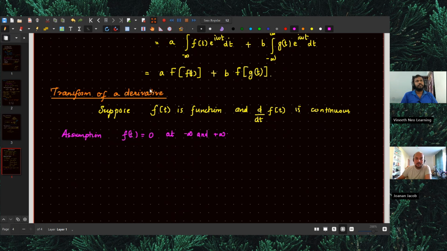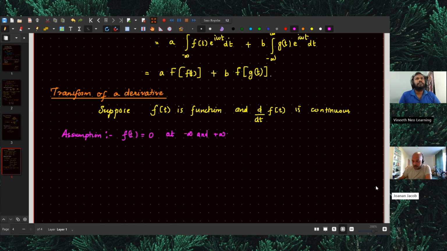This is an assumption, because it means that the function doesn't blow up. The function is a converging function. It has no effect as we move farther away at negative and positive infinity.